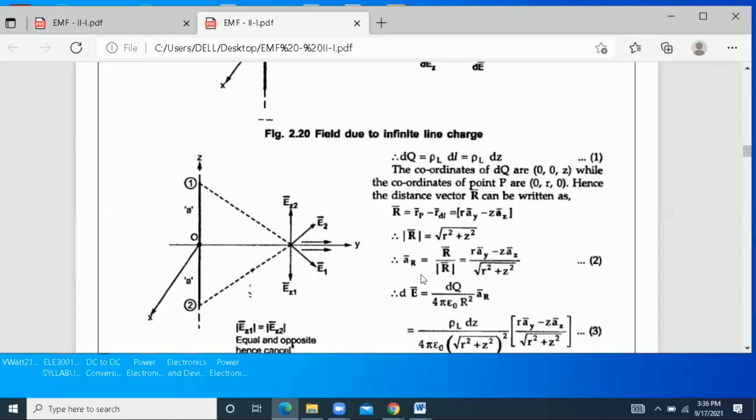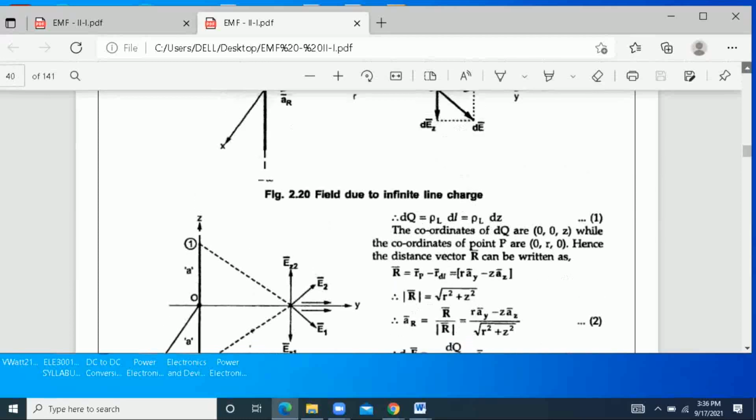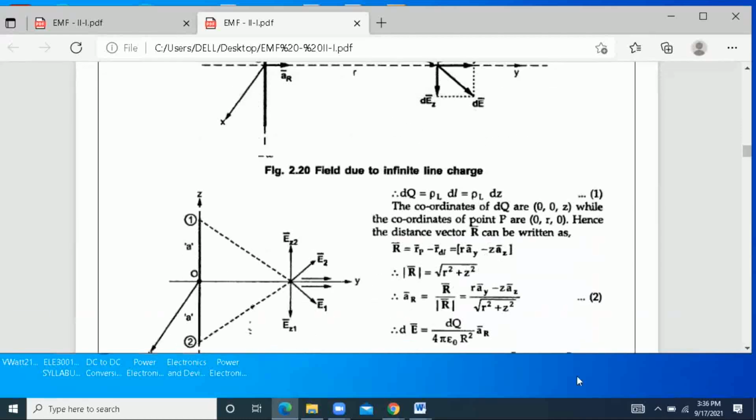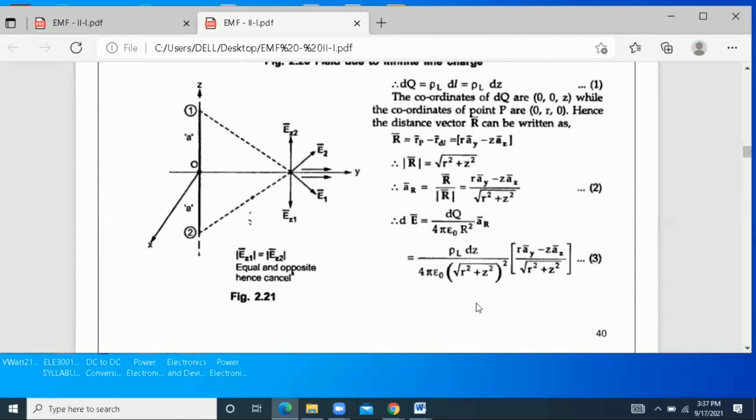So your electric field intensity due to that small length, this small length here, dl, we call that dE, would be this over this, which would be equal to this.